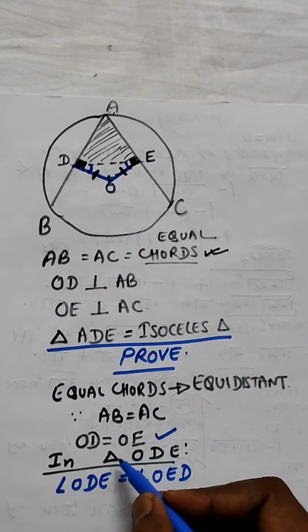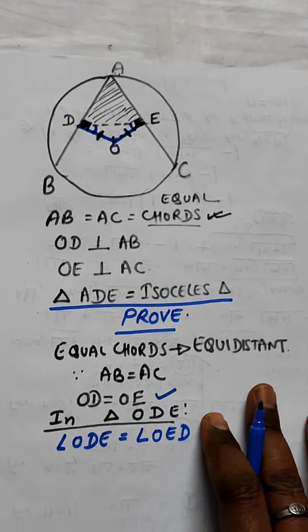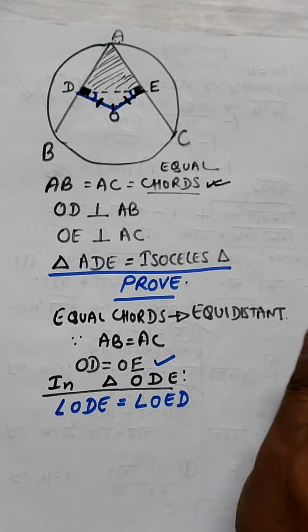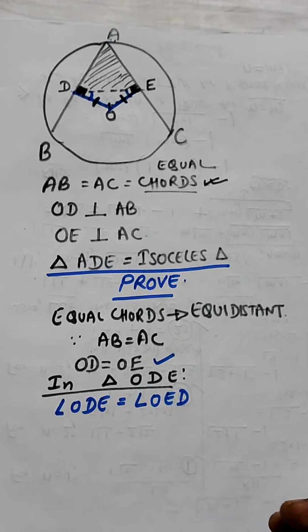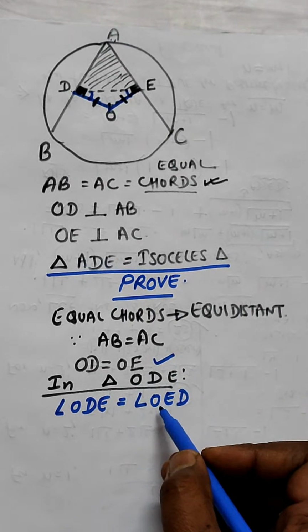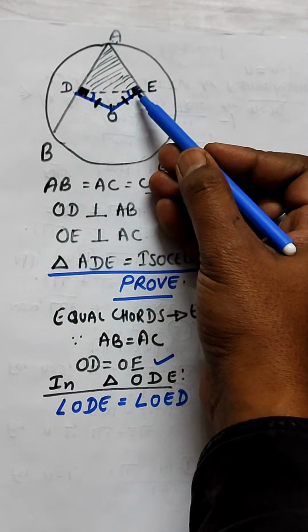So these chords are equidistant from the center, so that's why OD equals OE.